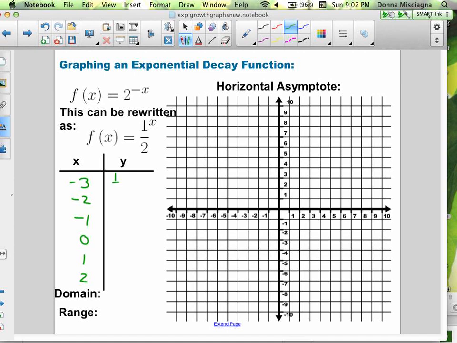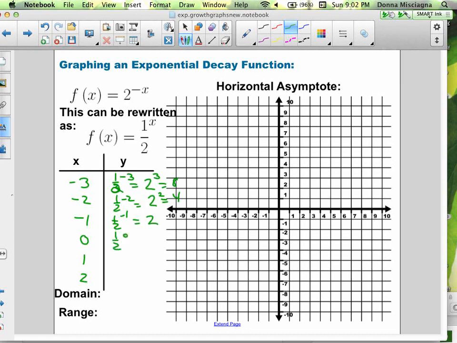All right, so 1/2 to the -3 power. That's just going to be 2 cubed. Flip it, change your exponent to positive. That's 8. 1/2 to the -2 power is the same as 2 squared, so that's 4. 1/2 to the -1, just flip it so that it's 2.